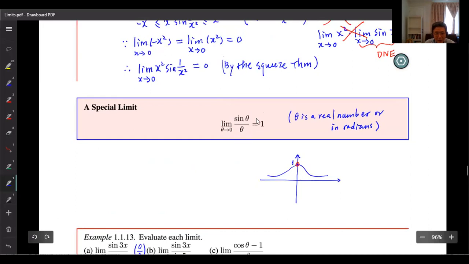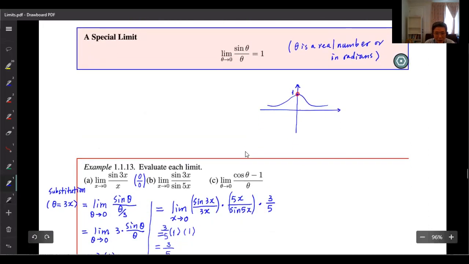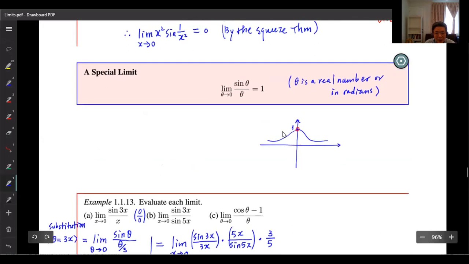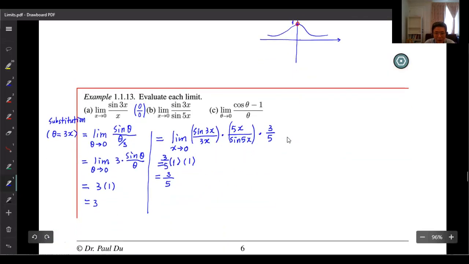We see this limit very often, so it's good to know. Later, if you want to prove or derive the derivative of the sine or cosine function, it is actually based on this special limit. So you can try this one involving a little trig identities.